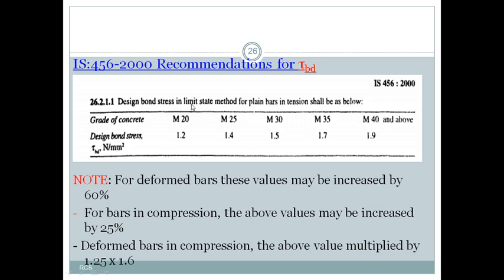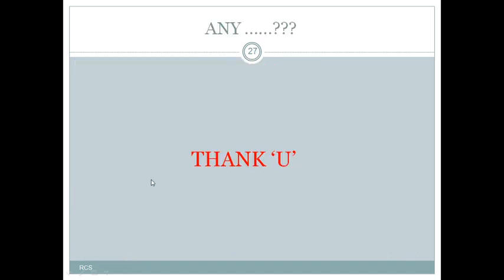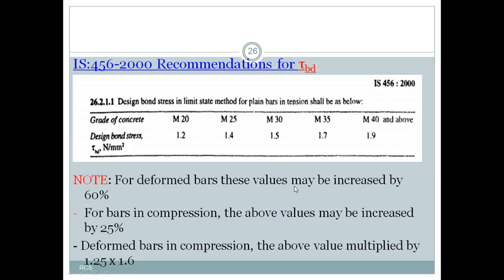That is, the design bond stress in the limit state method for plain bars in tension is given like that. Based on this, you have to calculate it. And here a note is also provided for deformed bars: these values may be increased by 60%. That means if you are using Fe415 steel in the tension zone in the limit state method with M20 grade concrete, suppose we get 1.2 for plain bars in tension.